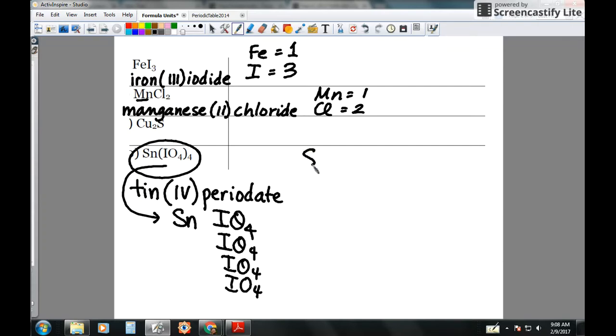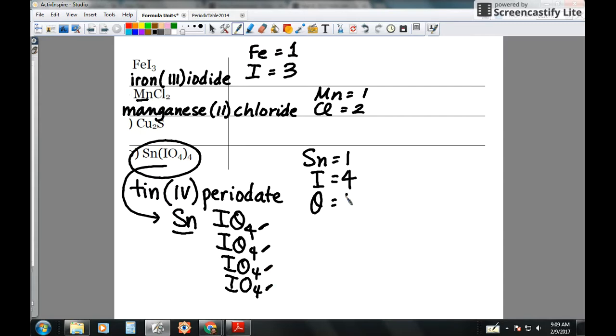How many tin atoms do you see? There's only 1. How many iodide? There are 4. And how many oxygen? Be careful. This is where it gets tricky. There's 4 here, 4 more, 4 more, and yet another 4.